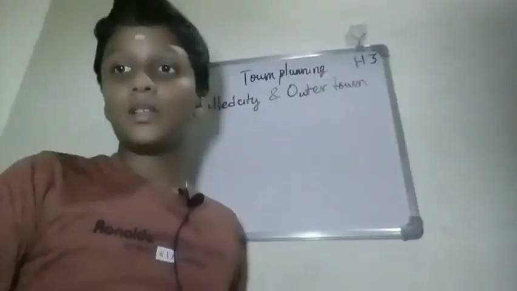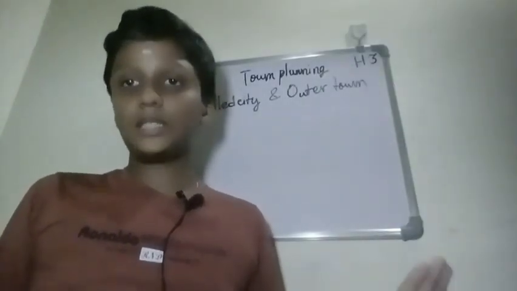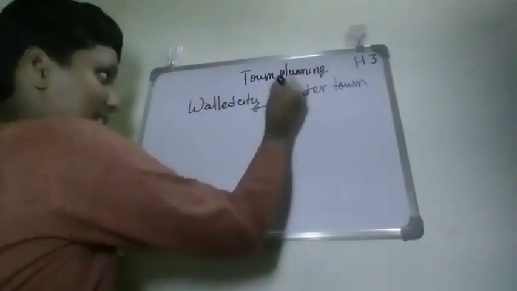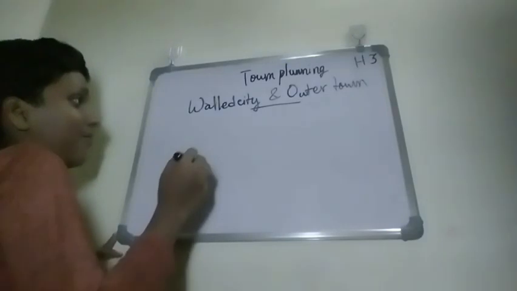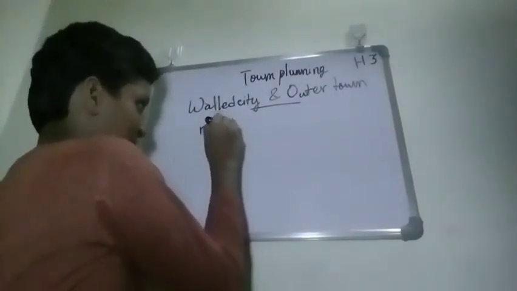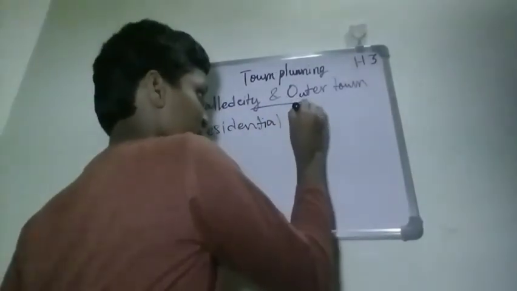Next we have the walled city. The walled city and the outer town were the parts which were for residential purposes. What do we mean by residential purposes?